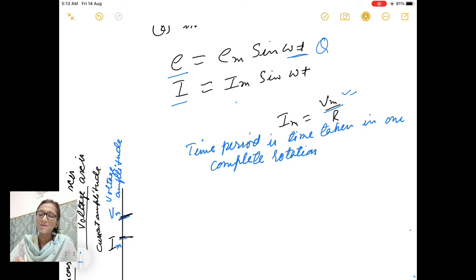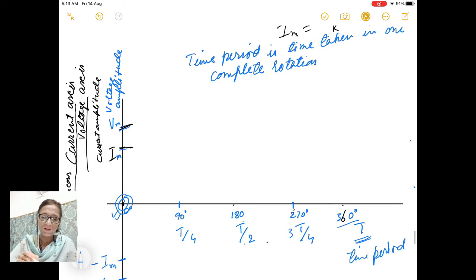Now when sine theta is sine 90, that is equal to 1, then EMF E becomes equal to E maximum, the E amplitude. So at 90 degree you have EMF, or instantaneous voltage, value V maximum. Now at 90 degree the current amplitude is equal to your instantaneous current.